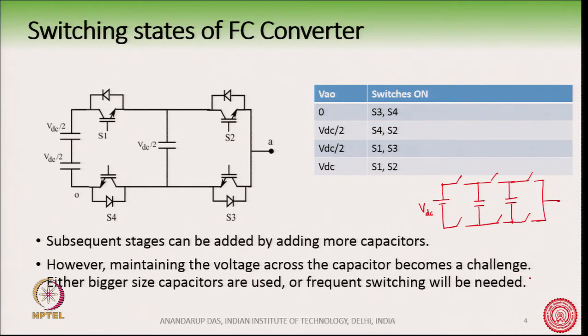So, in this case, by using different combinations of these switches, you can allow the current to flow this way, or you can allow the current to flow this way. In a similar way, for this capacitor you can allow the current to flow this way, or this way here.